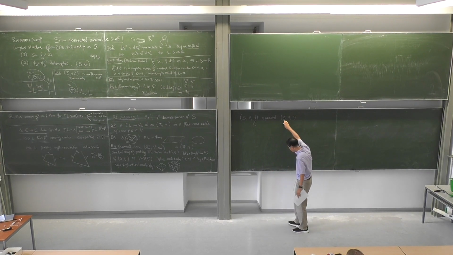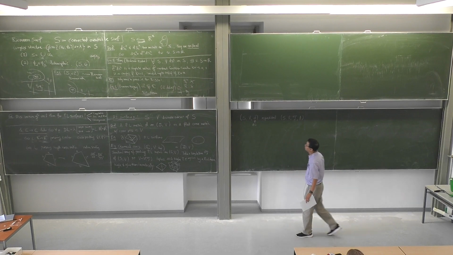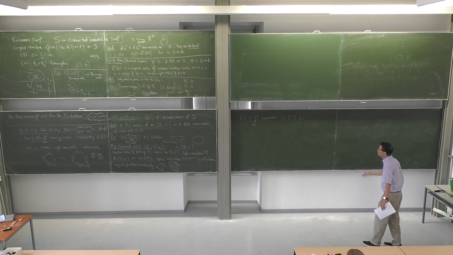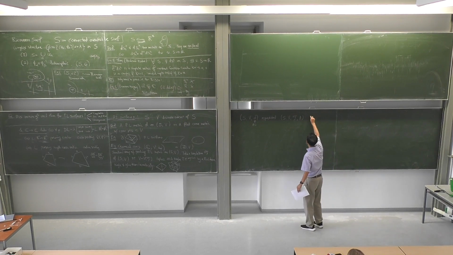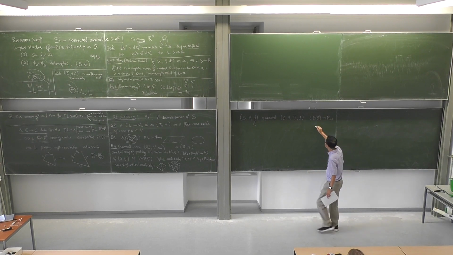I have a surface, vertices, triangulation, and now I can code this metric by the length. And so L is a way to assign every edge a positive number. This is the edge length.